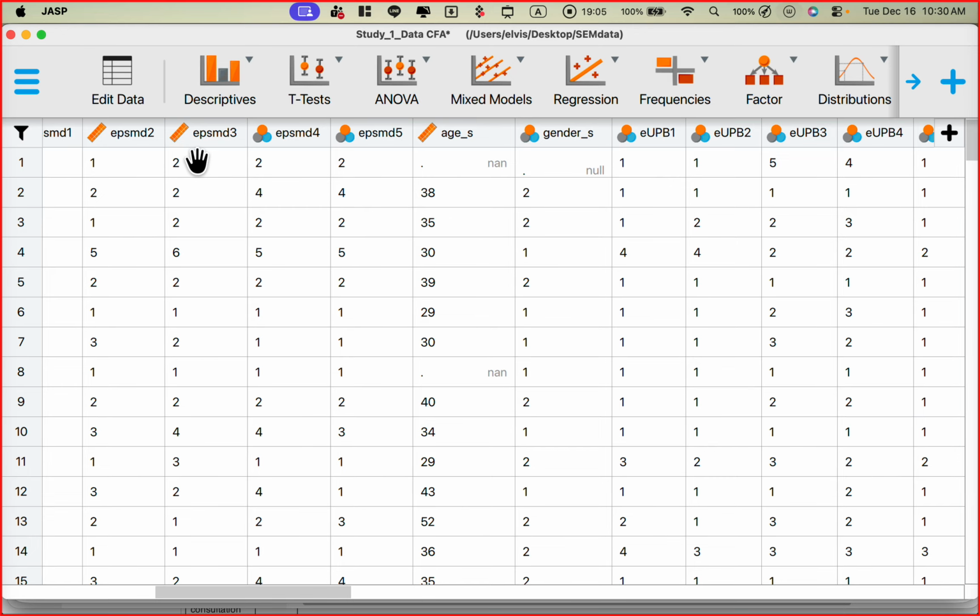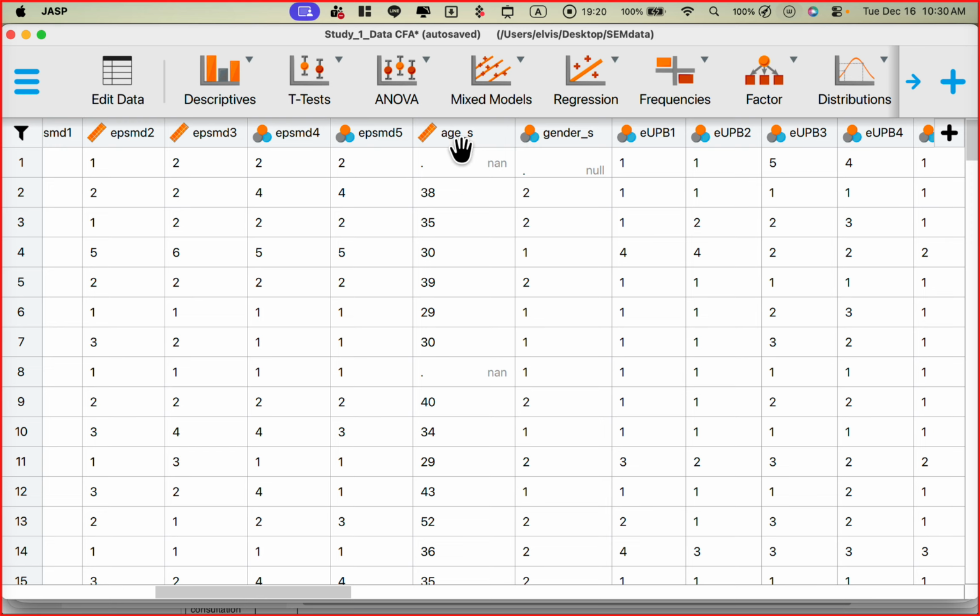When you do CFA, you don't need to put in demographic information, for example, gender or education. You don't have to put that. You only put the items or indicators for the constructs. Okay? Got it? Remember that.